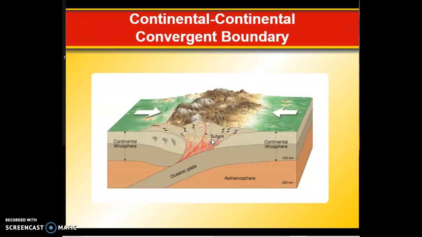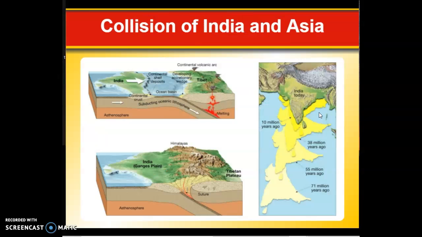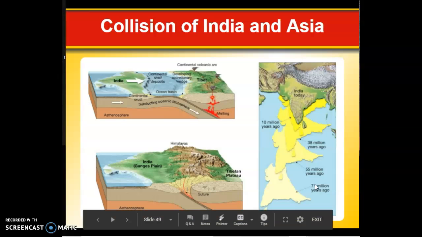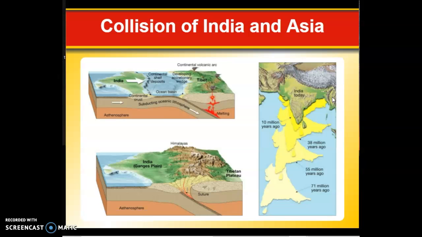Here we can see that suture, and you can see the upwarping of those metamorphic rocks that make up the mountains. Here's a model of what they believe happened 71 million years ago. India collided with Asia and created those Himalayan mountains where the two continental plates collided.